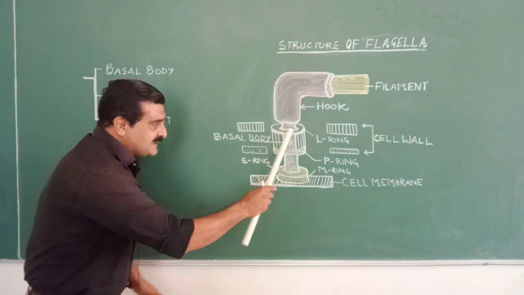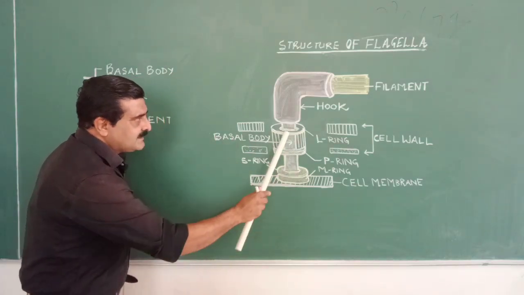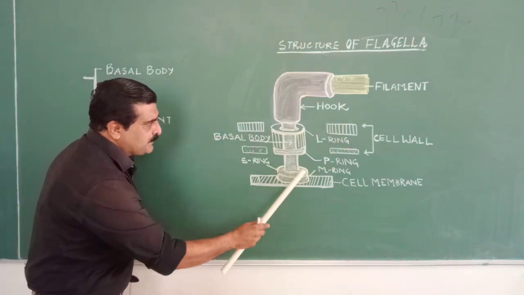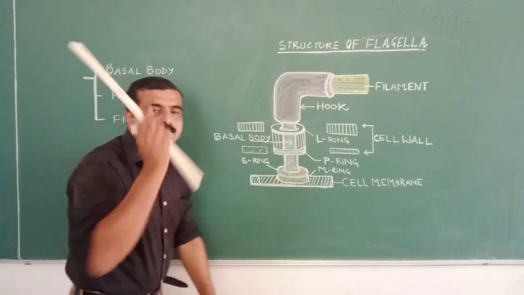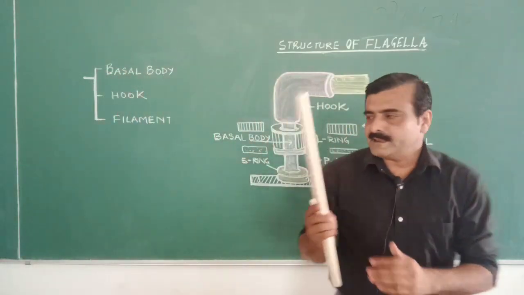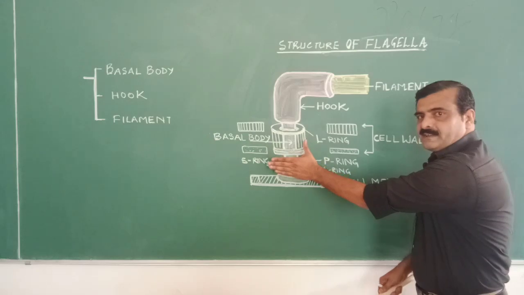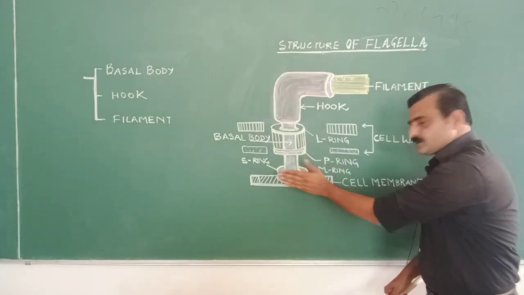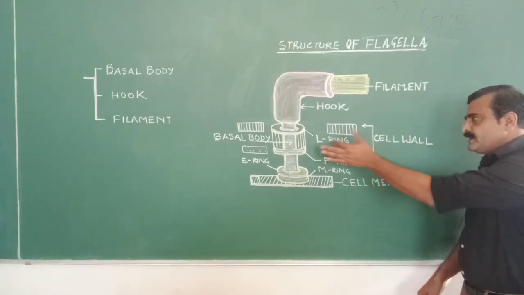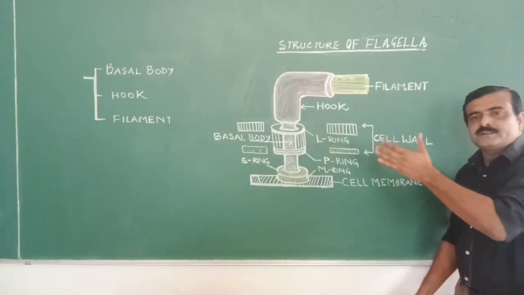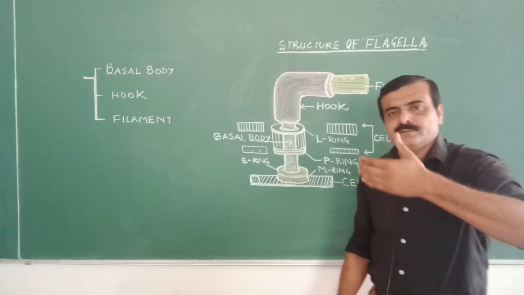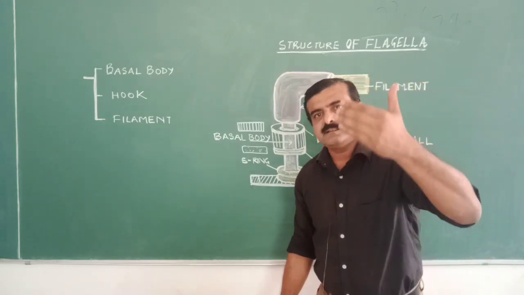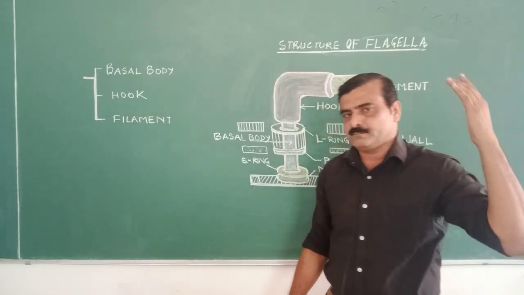Now within this basal body there are two pairs of rings. This is above one, outermost. This is innermost, because there is cell membrane and here is cell wall. So there are two pairs of rings present.